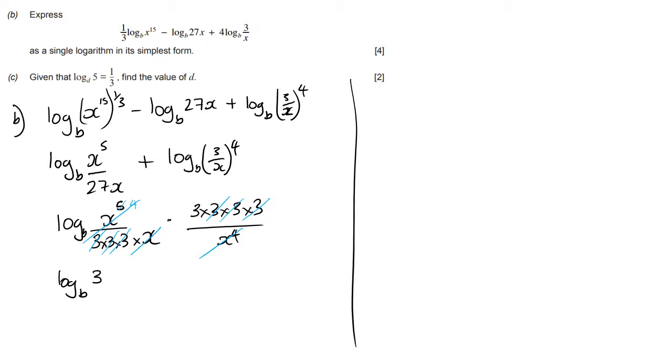Part C then is, given that log to the base d of 5 is equal to 1/3, find the value of d. So then you would say that d to the 3rd is equal to 5. If you look back at the previous slide, it would show you where it was coming from.